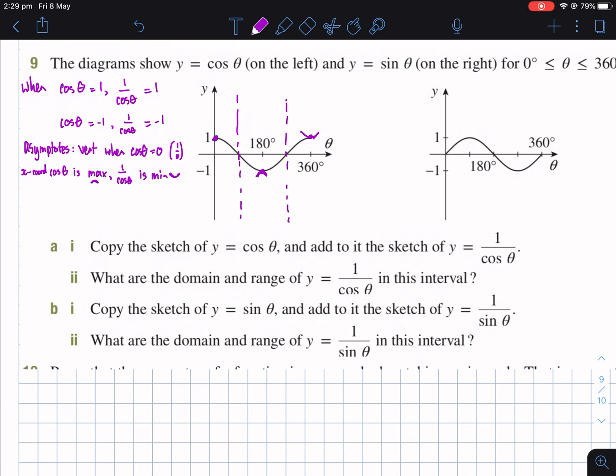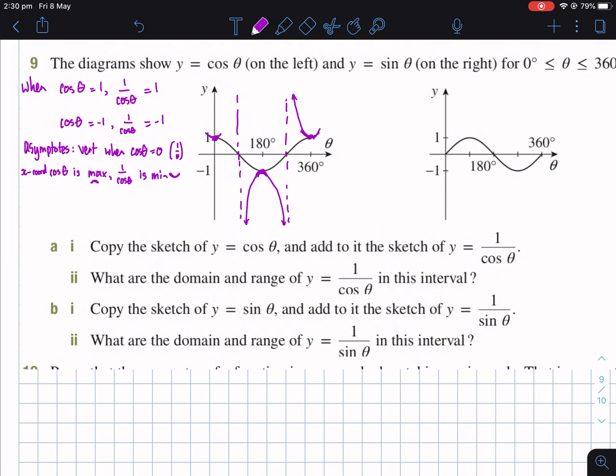So we know we're going through this point, and this point. We know we're not going to touch these asymptotes, and we know at this point we're going to go like that, this point we're going to go like that, this point we're going to go like that. So this point, the only way that happens is if we go down and keep going that way. This point, the only way this happens is if we go up.